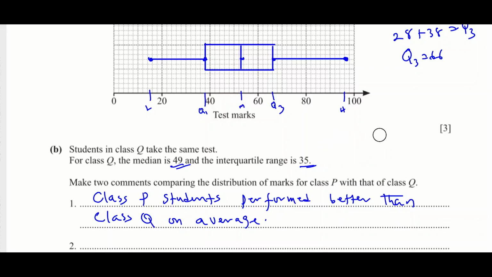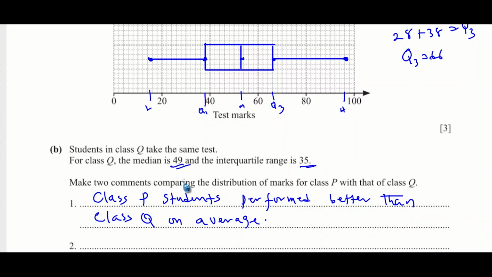So if you look at the interquartile range, it is 35 for class Q, and for class P, I think we got 96.